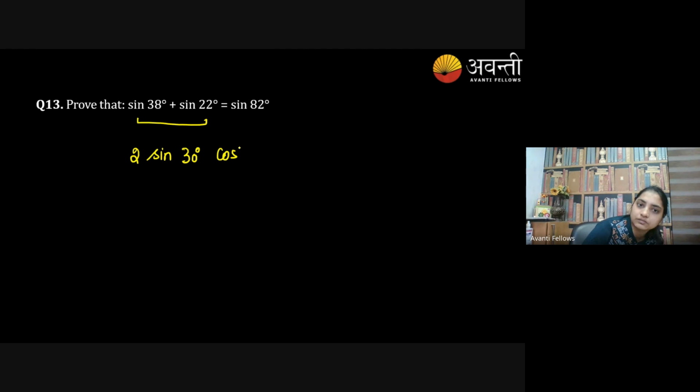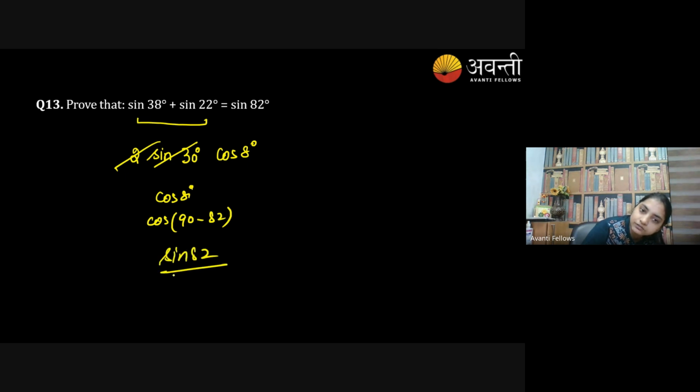What will be the subtraction? 8 degree. So sine 30 is 1 by 2, so they are cancelled. Cos 8 degree can be rewritten as cos of 90 minus 82, that means sine 82 degree. Solved.